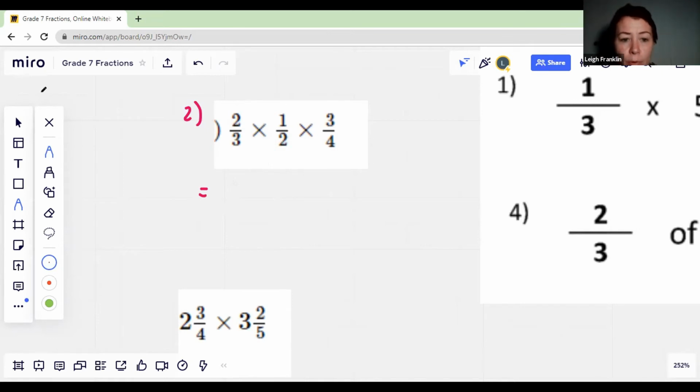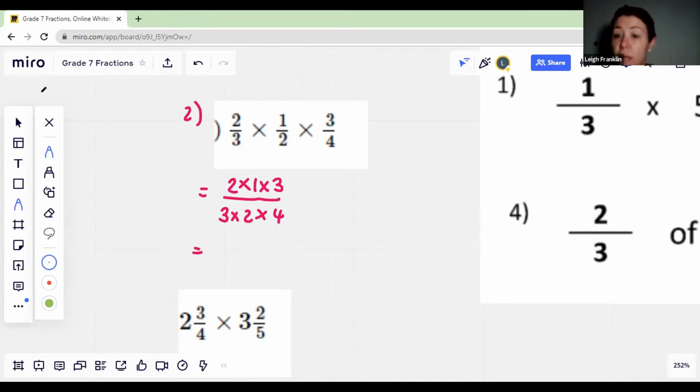So at the top, in the numerator, we can say 2 times 1 times 3. And then in the denominator, we're allowed to say 3 times 2 times 4. So what are we going to have in the numerator?